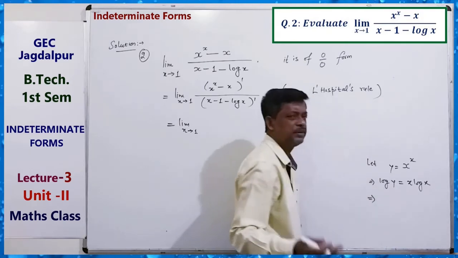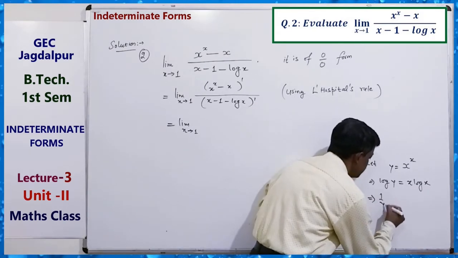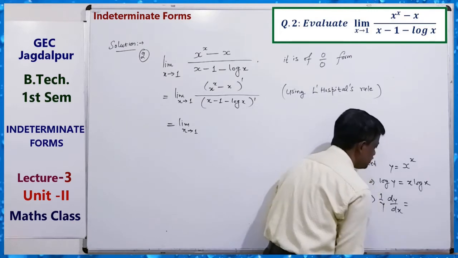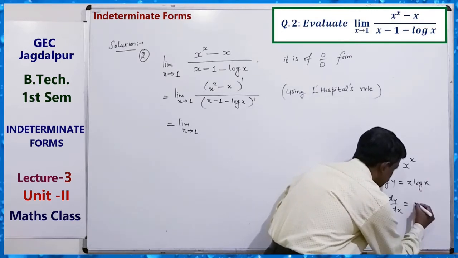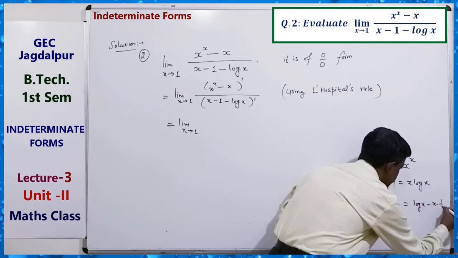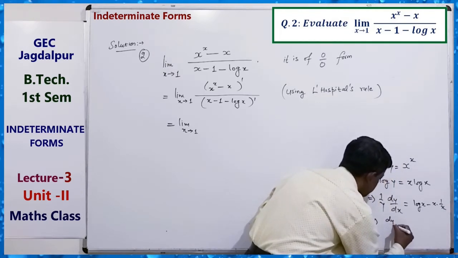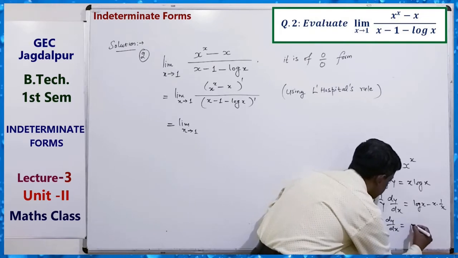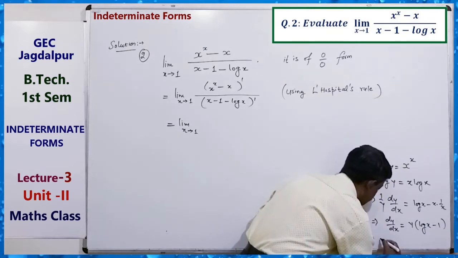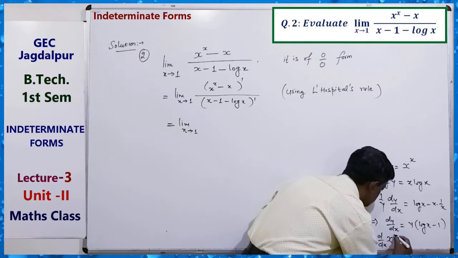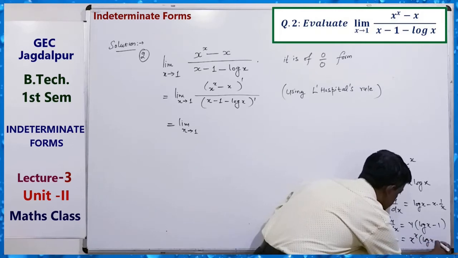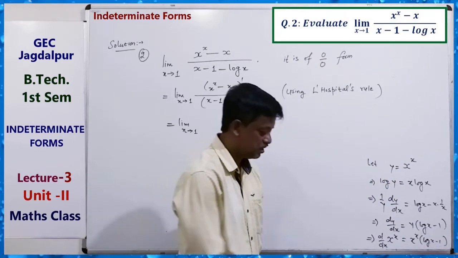You know how to differentiate it. 1 by y dy by dx equals, with respect to x, x into 1 by x plus log x. So dy by dx is equal to y into (log x plus 1), that is, the derivative of x to the power x.